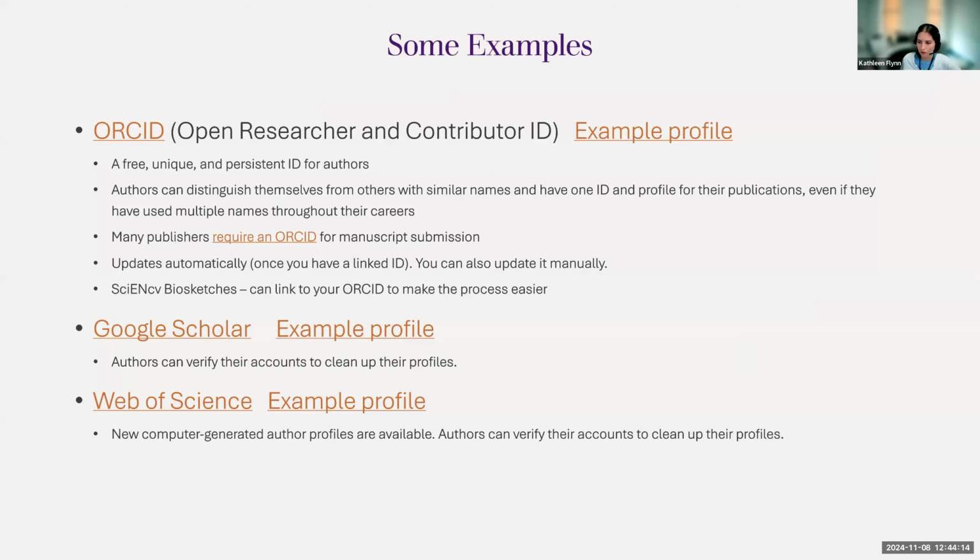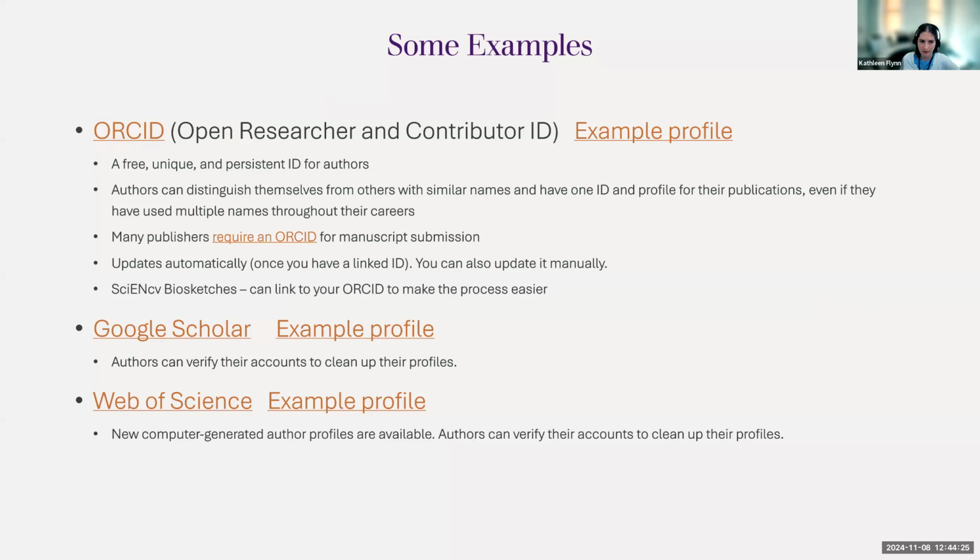So one of the most useful profiles is called ORCID, and this is a free and unique and persistent identifier for authors. So authors can distinguish themselves from others. It's especially useful if you have a really common name or if you've changed your name over the years. You can still just have that one profile with all of your publications across any name change.